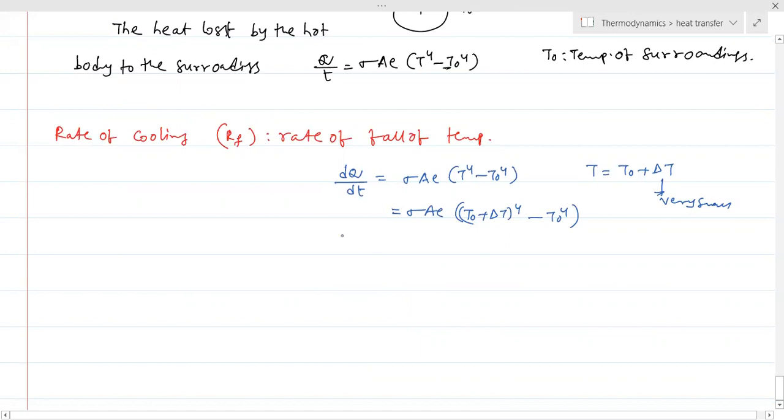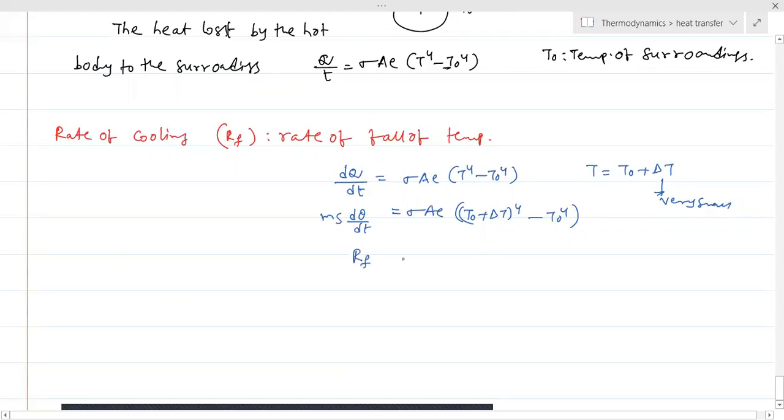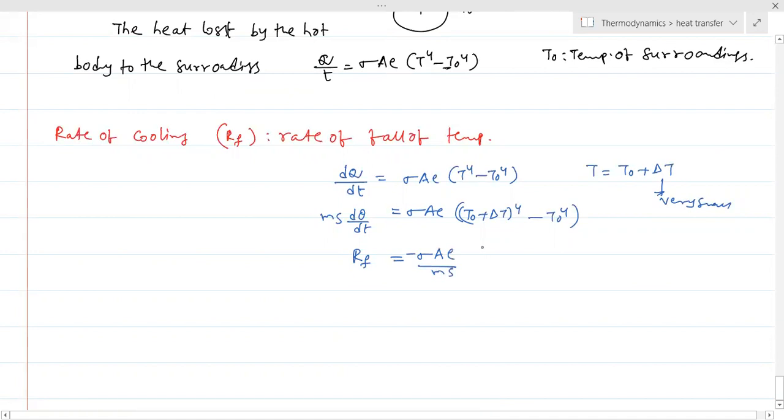By solving this, we get m s into d theta by dt. That d theta by dt, which you are calling the rate of fall of temperature, by taking the binomial approximation, will equal minus sigma A by m s into 4 into delta T. We won't need all these things.